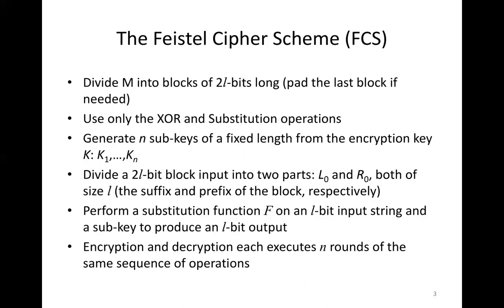As we mentioned earlier, using ASCII code, we can use the white space ASCII code for padding. And then we use only the exclusive OR and substitution operations in FCS. It generates subkeys, which we also call round keys, of a fixed length from the encryption key.